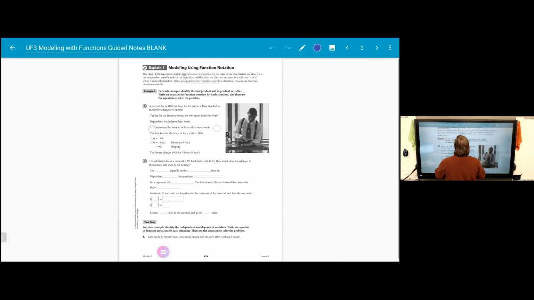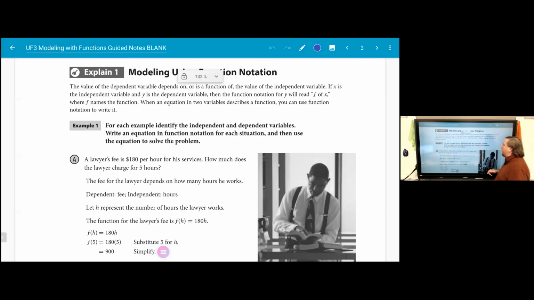Let's model using function notation. So let's look at an example. It says, for each example, identify the independent and dependent variables. Write an equation in function notation for each situation, and then use the equation to solve the problem. So we've got some stuff going on here. That's one thing we have to do.